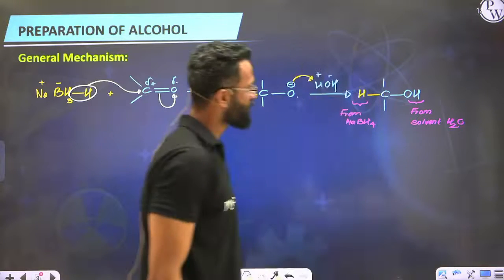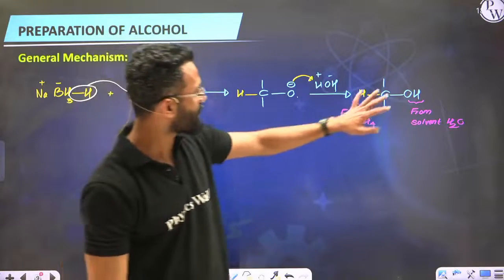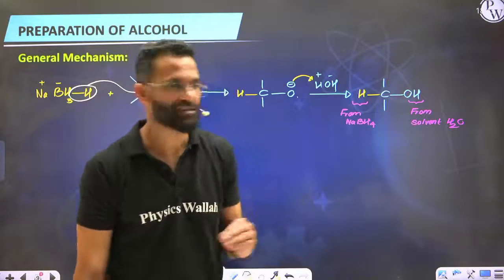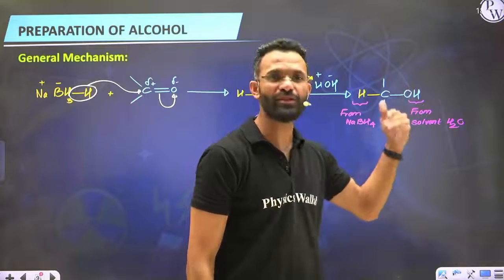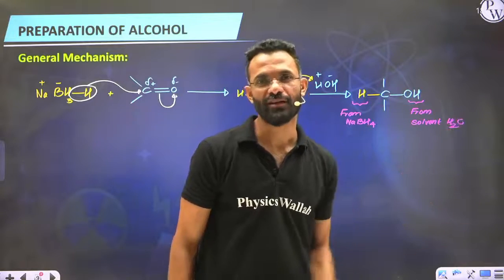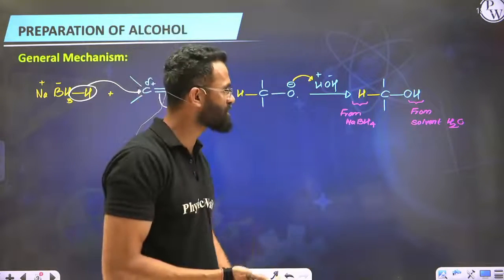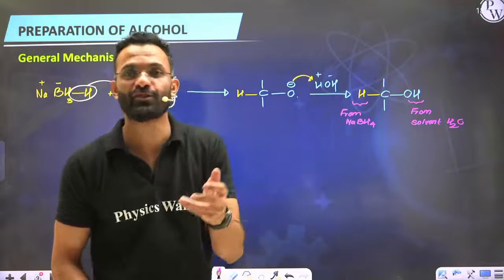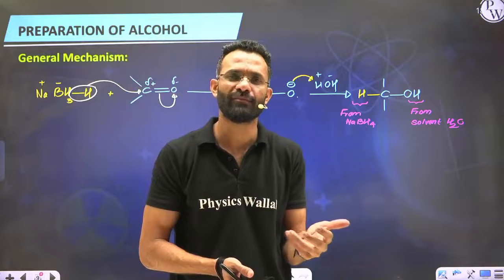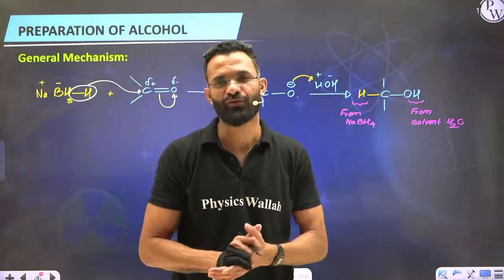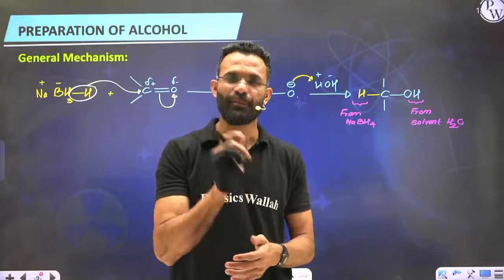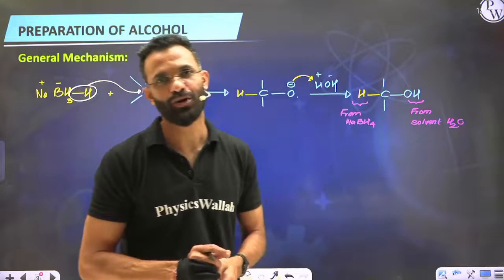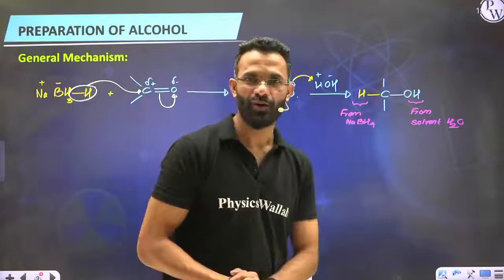So we have to be very careful, when we are writing our final product, about which hydrogen we are attaching to the carbonyl carbon and which atom we are attaching to the oxygen atom, because several times the question will be framed in such a way that you will not always have hydrogen. You may have deuterium or some other isotope. So you have to attach the appropriate isotopes of hydrogen to the carbon and oxygen atom.